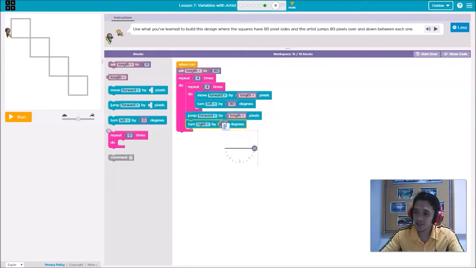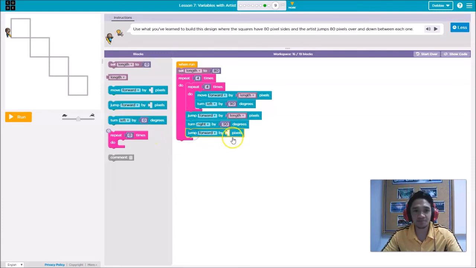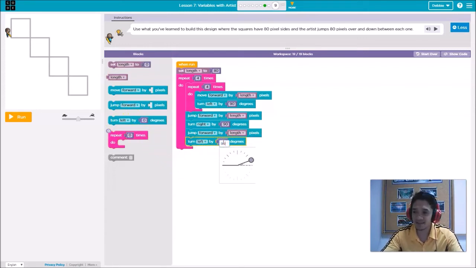How many degrees? Should be 90 degrees. Can you follow? Next, we need to jump again. Jump by the length, that is 80 pixels. And then turn left by 90 degrees. So that is how to solve our problem.